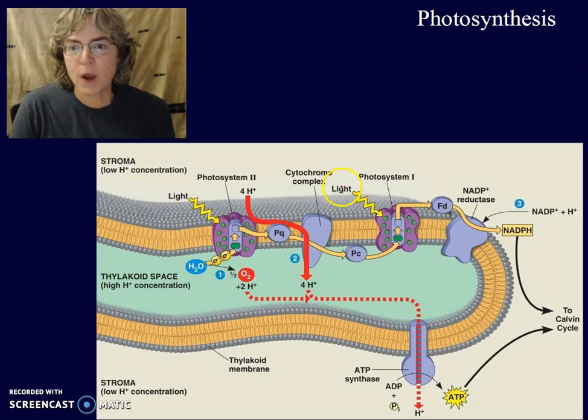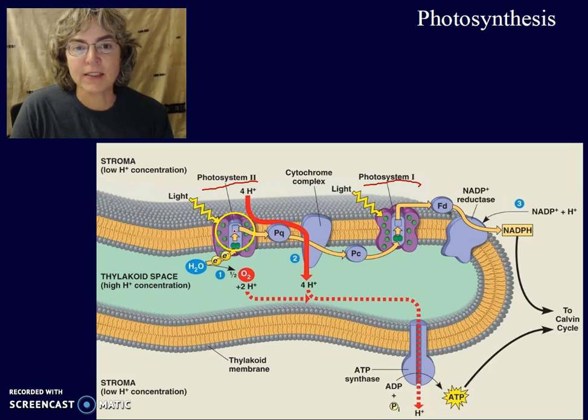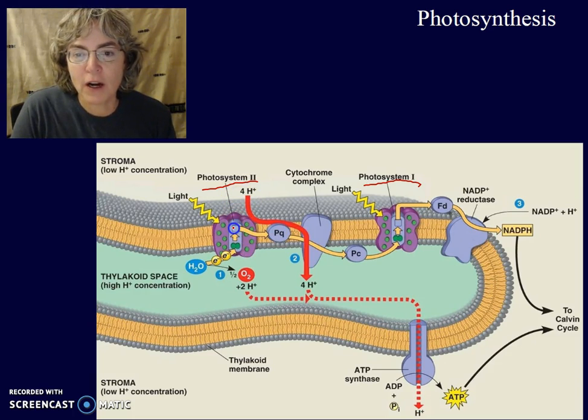So here it is. We've got two of these. One is in photosystem 2 and one is in photosystem 1. And so here is the stars, our electrons right there.